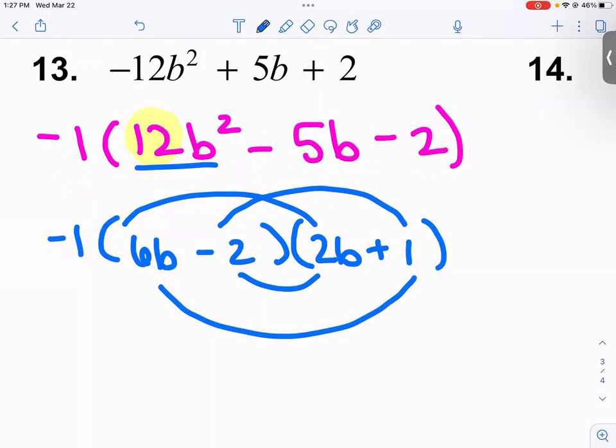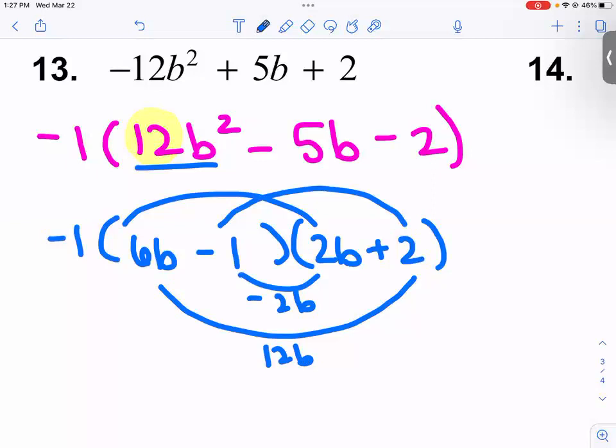Is this going to work, Preston? What? Negative 4b and a positive 6b. Okay, so let's trade out the 1 and the 2. Negative 2b and 12b.